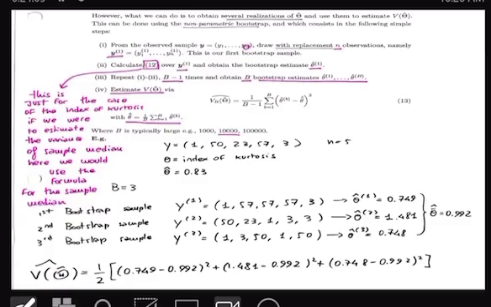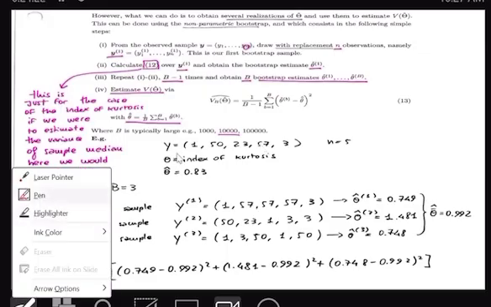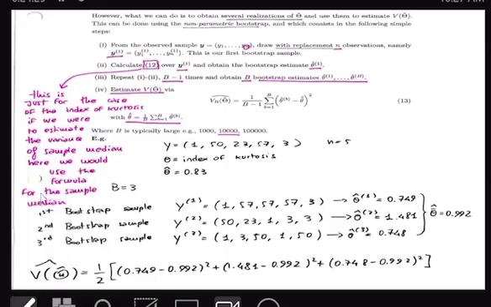Now this is what we're going to do with a non-parametric bootstrap. We have a set of data. Please pay attention. That is the set of data that I have. Originally, how many of them? 5. This is too small.